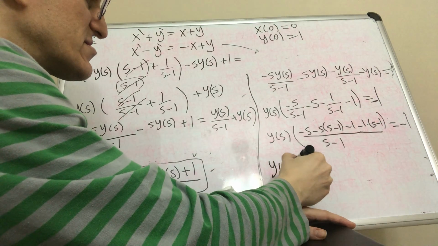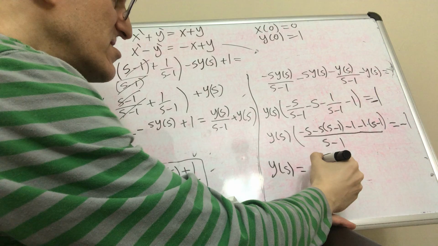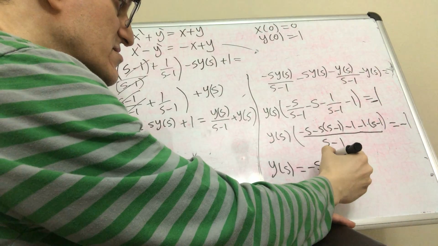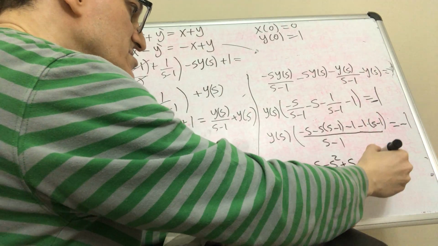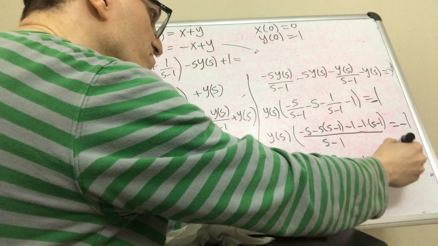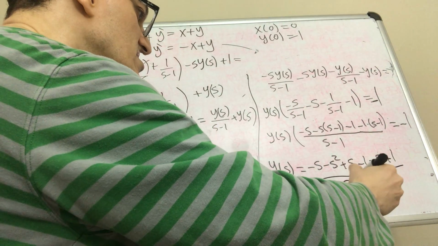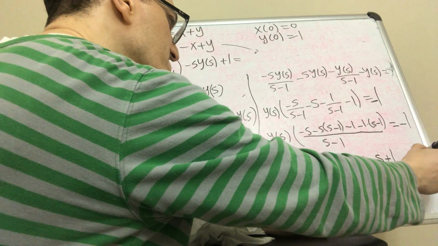So y of s, you have negative s squared plus s minus 1 minus s plus 1, over s minus 1.